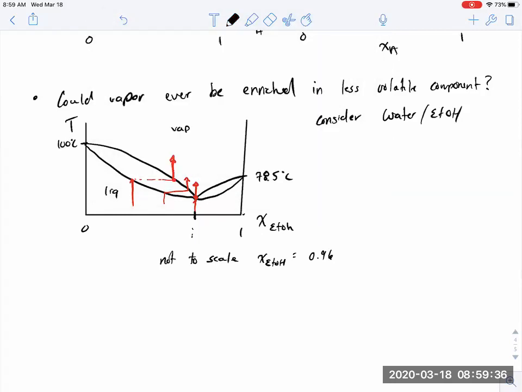That point is known as an azeotrope, and the mixture therefore is an azeotropic mixture where the liquid and its vapor have the same composition.